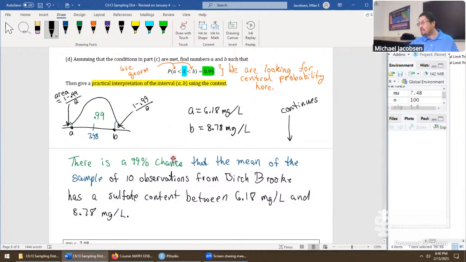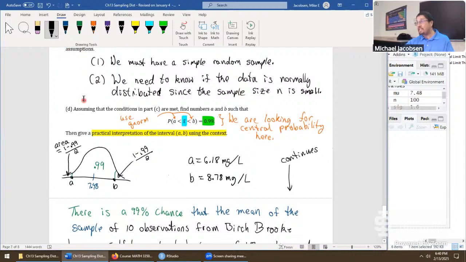We were wondering, what values would you get if we're talking about a 99% chance your sample mean is constrained between these central values? So if they go and get that sample and it's lower than this or bigger than this, something weird has happened. Something could be wrong with the model. We looked into things that we need to have.